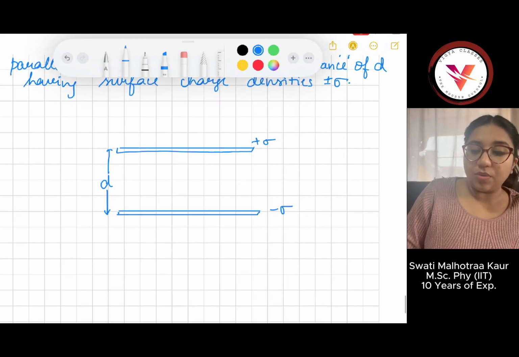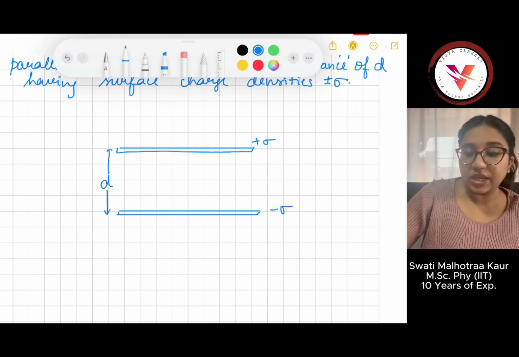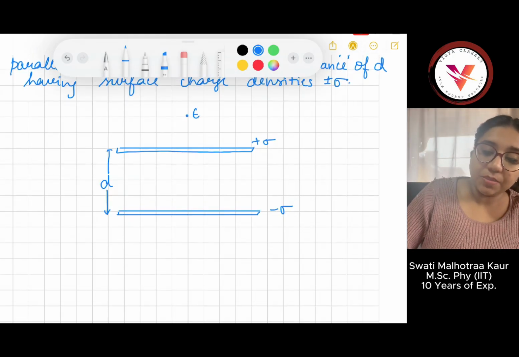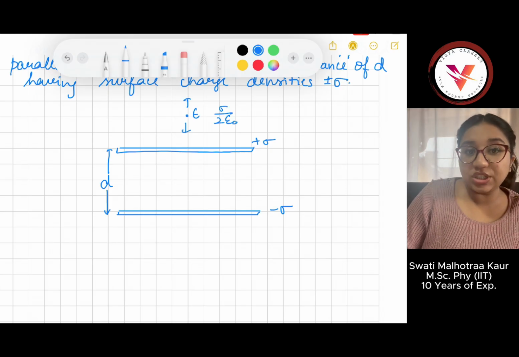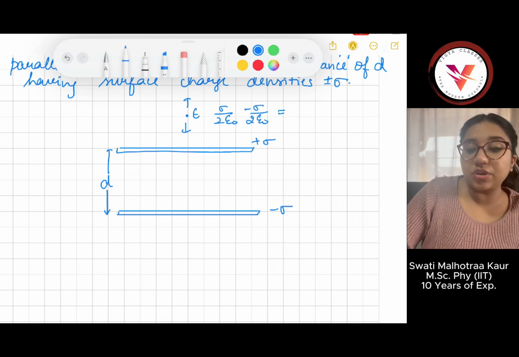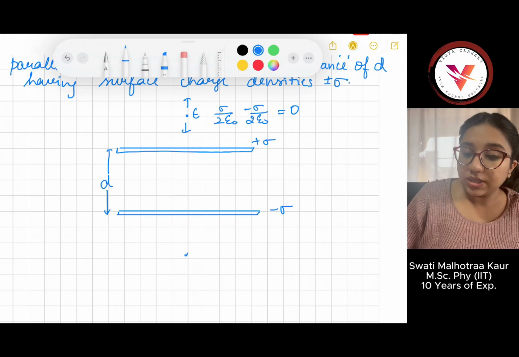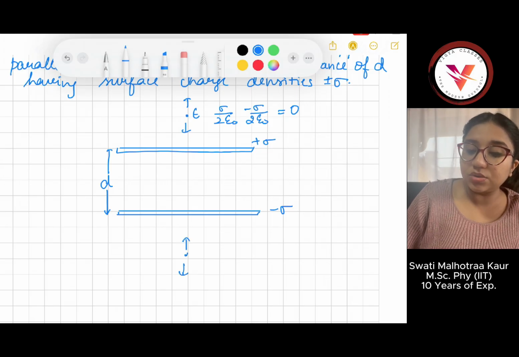Okay, now there would be an electric field between these two plates. Because of plus sigma it is outward, because of minus sigma it is inward, and sigma by 2 epsilon naught is the electric field, which is independent of distance. We have discussed this in the last video. So here the total electric field is 0. Similarly, here also, because of the negative charge, it points towards the negative, and the positive points away from the positive plate.